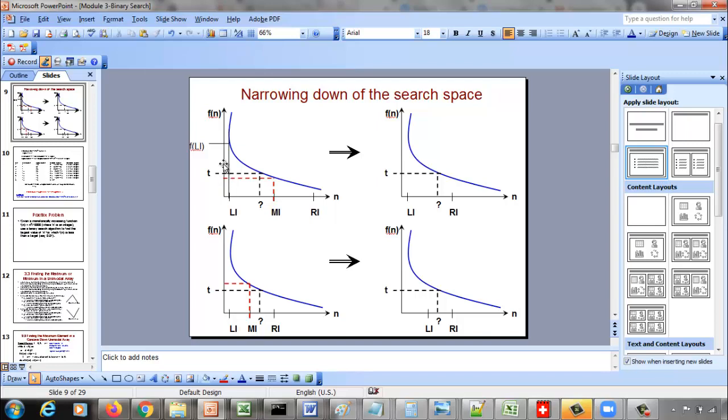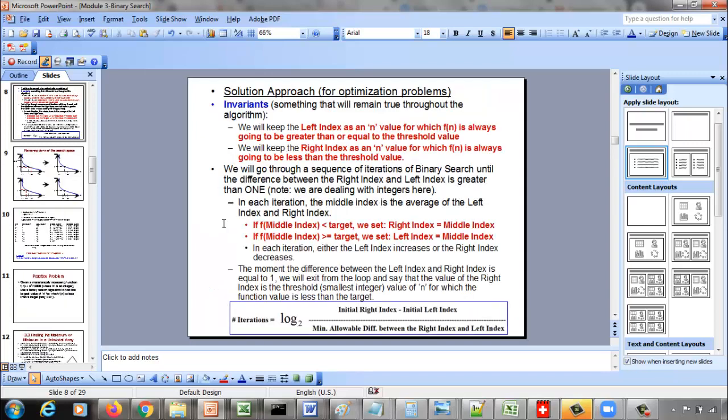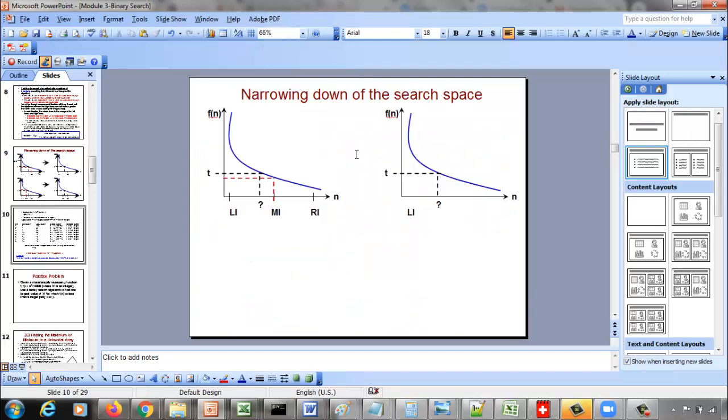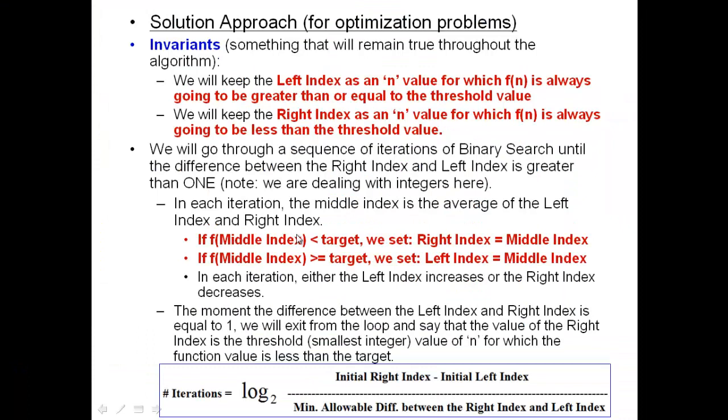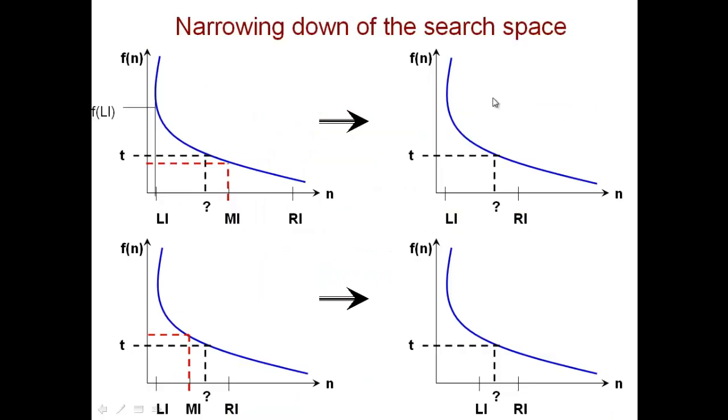In general, we'll define this as the invariant. So the left index is an n value for which f of n is always greater than or equal to the threshold value. That is how you fix the left index.